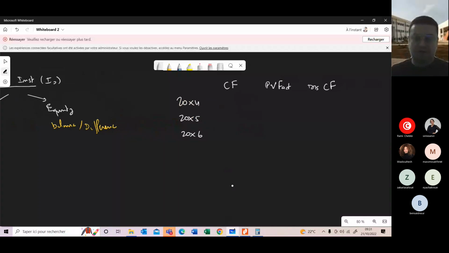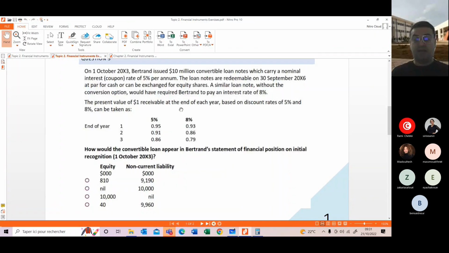First of all, do you have any cash flows expected from this note? Think about the cash. Yes, what is it? The interest that will be paid on a yearly basis, and at maturity, we will pay the interest plus the maturity value. That's right. So the maturity value is the last interest plus the principal that is going to be redeemed.